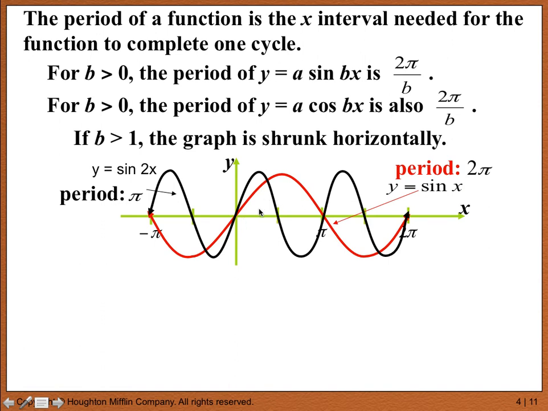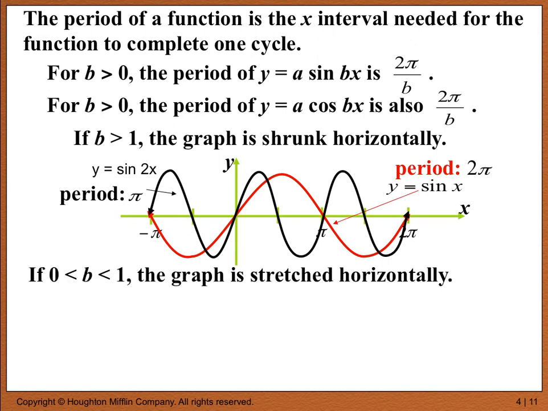If I look at my parent function, y equals sine x, the parent has a period of 2 pi, just as I would expect. But the child function, sine 2x, has a period of pi, which is the same as 2 pi over 2. 2 pi divided by 2 equals pi. And in this case, 2 pi divided by 2 is the same as 2 pi over b.